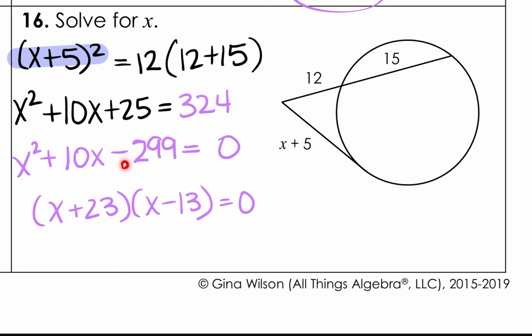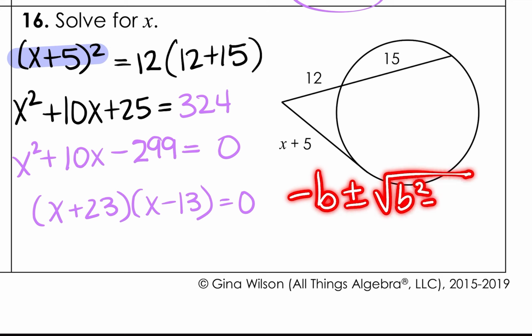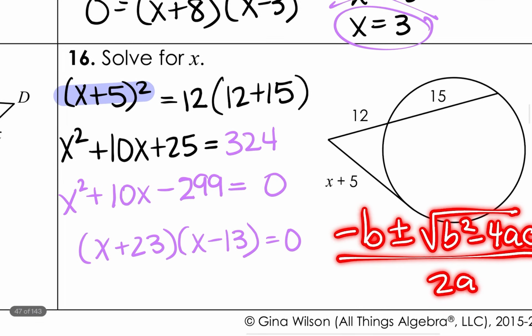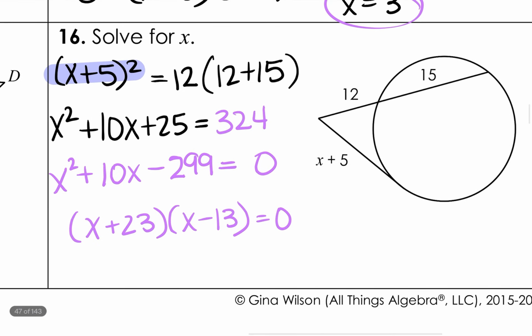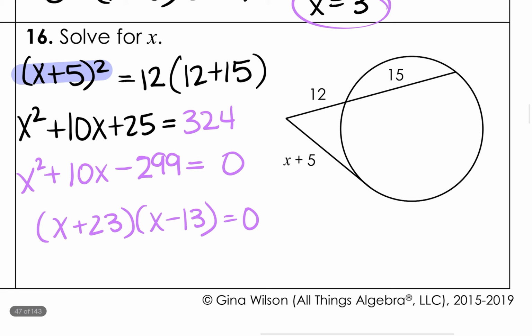But if you did not know that, you could just plug this into the quadratic formula. Your A is 1, your B is 10, and your C is negative 299. The quadratic formula is negative B plus or minus the square root of B squared minus 4AC, all over 2A.